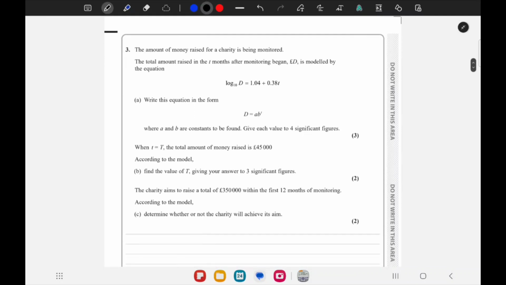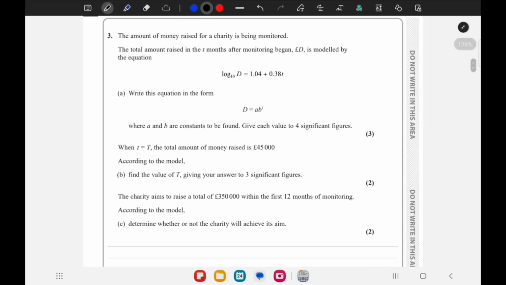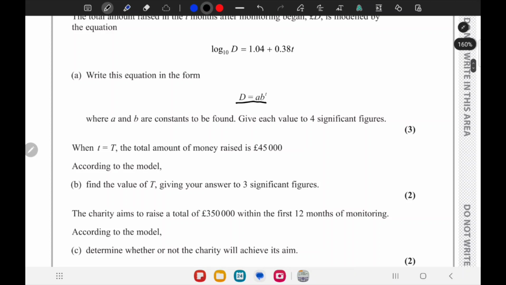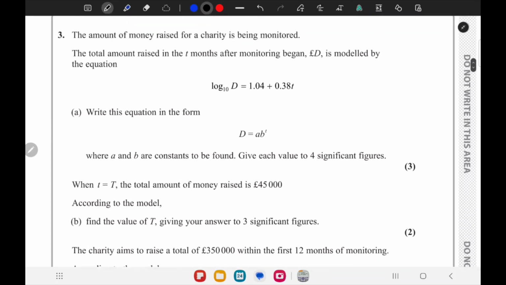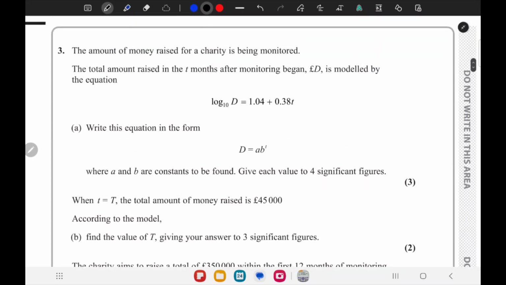Now in question 3 we have a logarithmic function and we have to write it in an exponential form. So we can move the power up. So d equals 10 to the power 1.04 plus 0.38t.